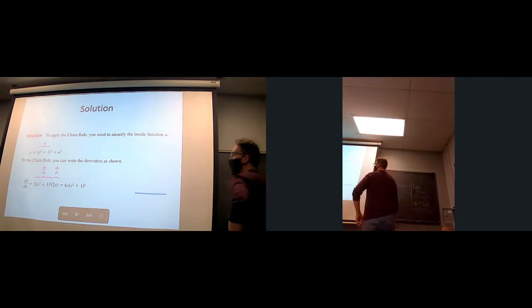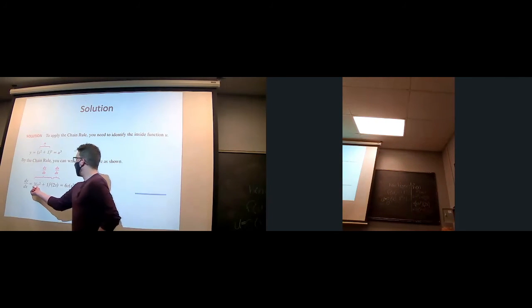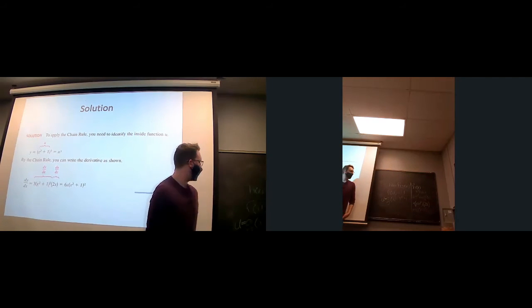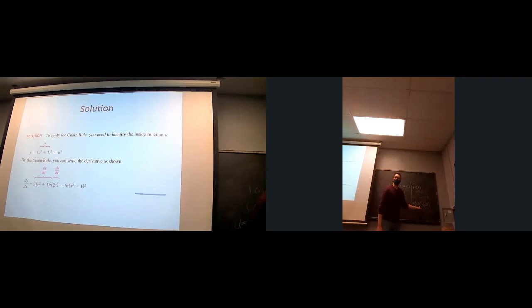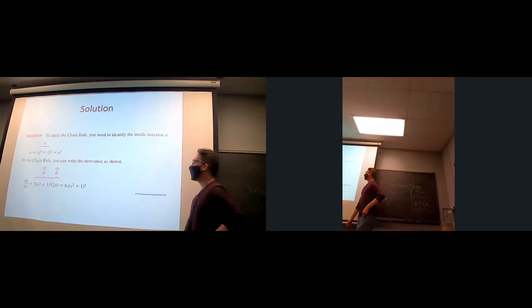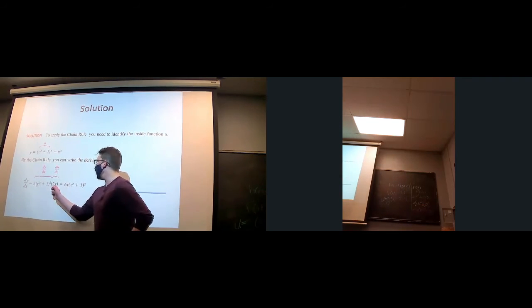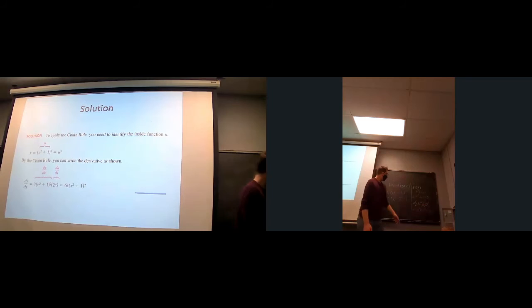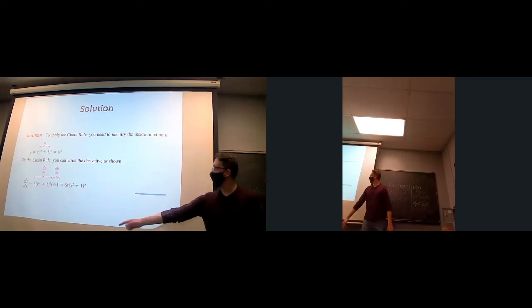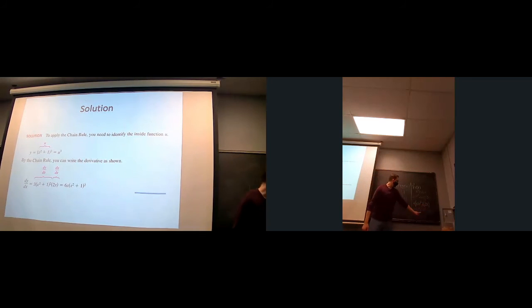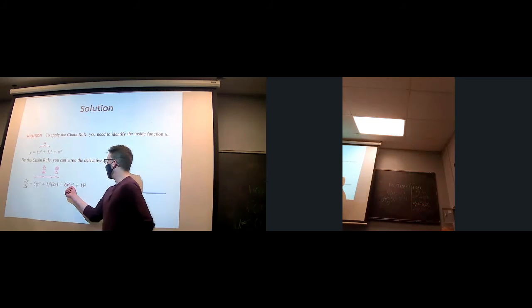So looking at all of this, 3 times x squared plus 1 squared is dy du, right? Times g prime of x is du dx. And finally, we're going to get that 3x squared.